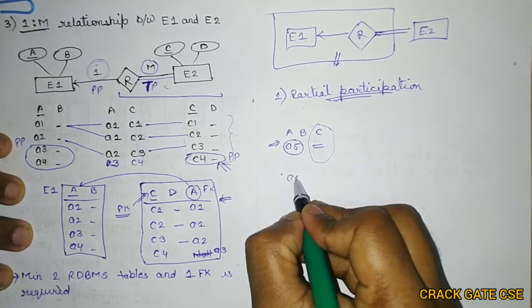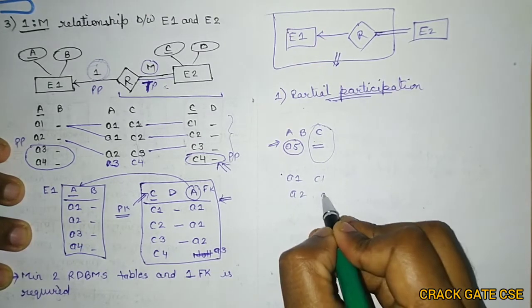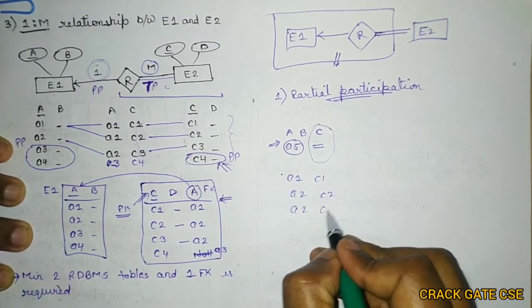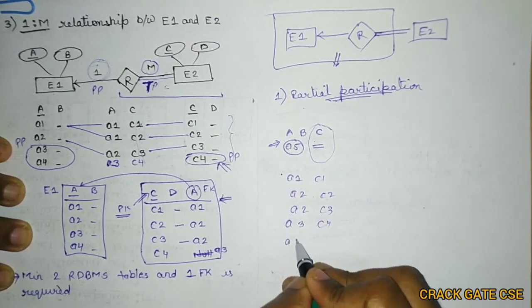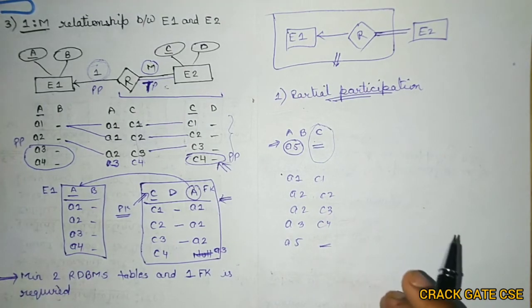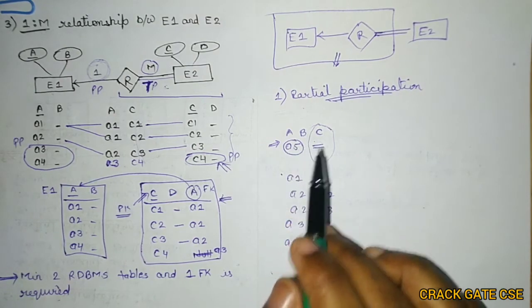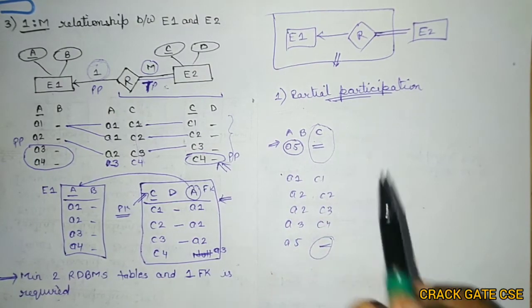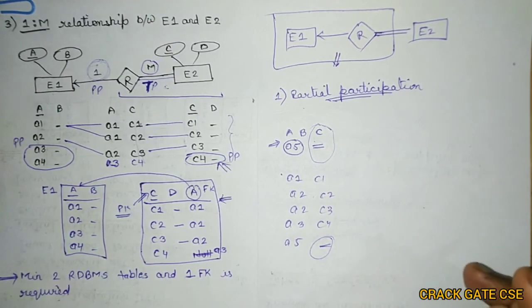So if I'm having a1 along with c1, a2, c2, a2, c3, a3, c4 and a5. So I have to insert some value here, and in case I am not inserting any value over here, then there will be problems like partial participation, and one problem is it may form the redundancy, right?